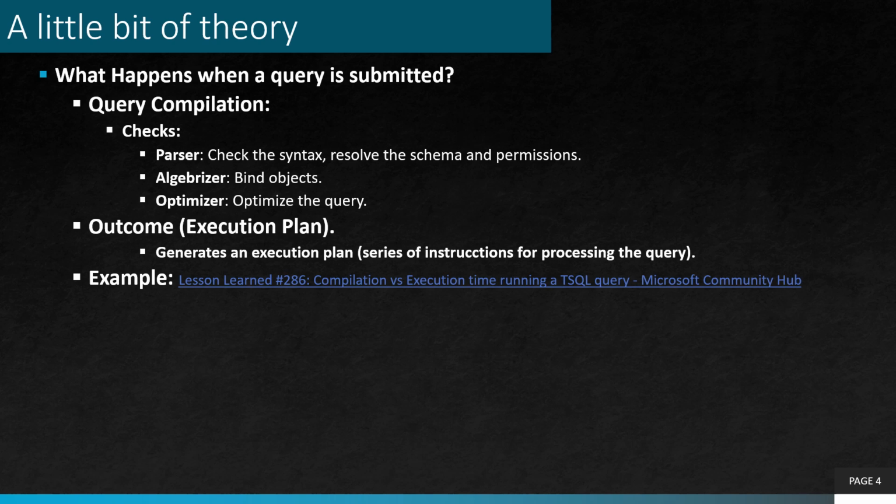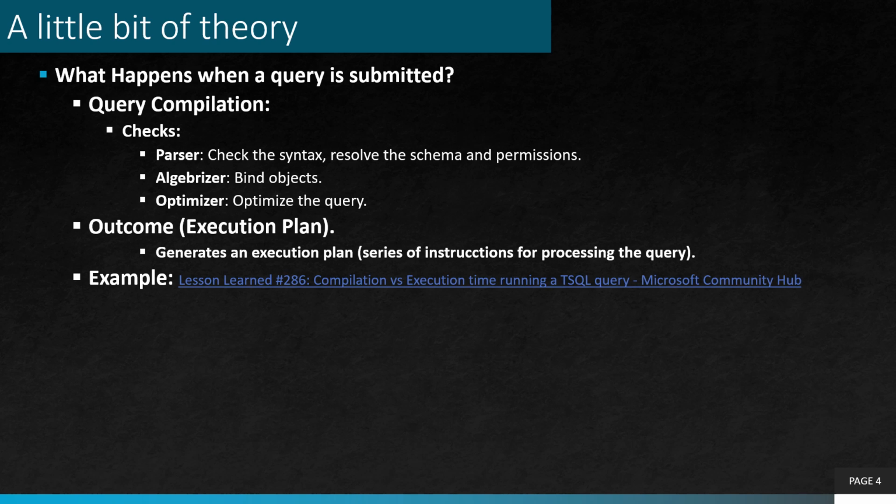Why do we explain this? Well, basically because when our customers say, hey, my query is taking too much time, we need to identify which part of these 2 phases is taking too much time.